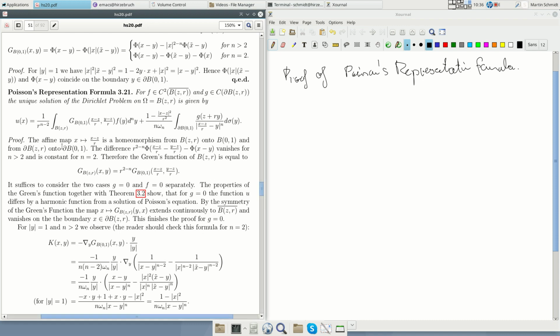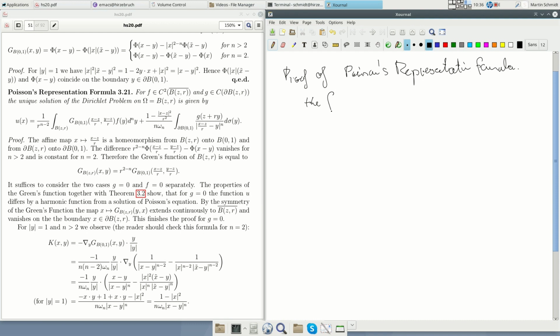Since everything is linear, we might first take this integral, and then we should obtain the solution which corresponds to g equals 0, and this integral should give the solution to the case when f is 0.